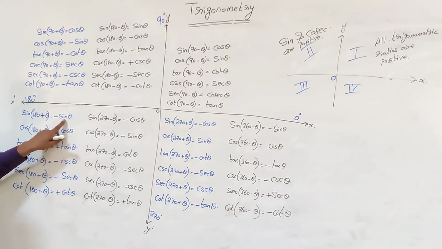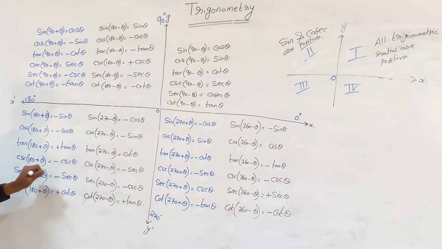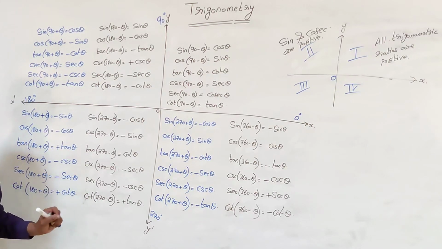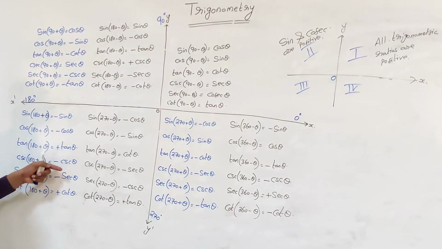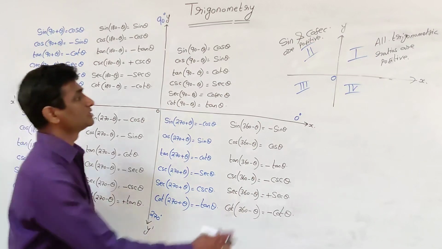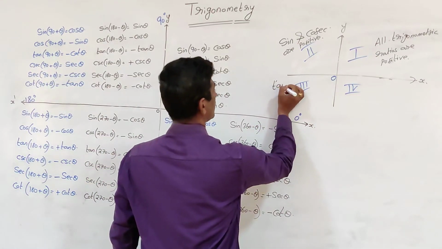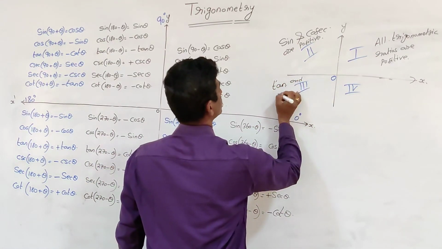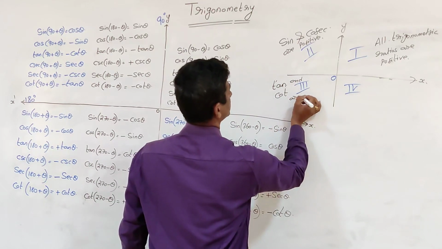Sine of 180 plus theta is minus sine theta, cos of 180 plus theta is minus cos theta, tan of 180 plus theta is plus tan theta, cosecant of 180 plus theta is minus cosecant theta, secant of 180 plus theta is minus secant theta, cot of 180 plus theta is plus cot theta. Means tan and cot are positive and the remaining are all negative. In the third quadrant, tan and cot are positive.